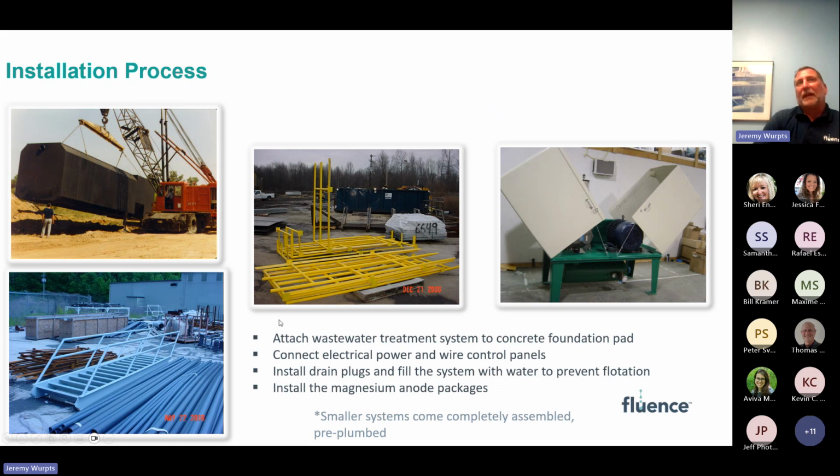So those are some of the things that the contractor has to do to complete the installation on the concrete pad, connect the electrical power, and then we do include drain plugs along with this that need to be installed on site to make sure that the tank's going to hold the water. Otherwise, when it's shipping, we don't want that water collecting in there. And for buried installations, we do provide magnesium anode packages that will allow for corrosion control in buried applications.